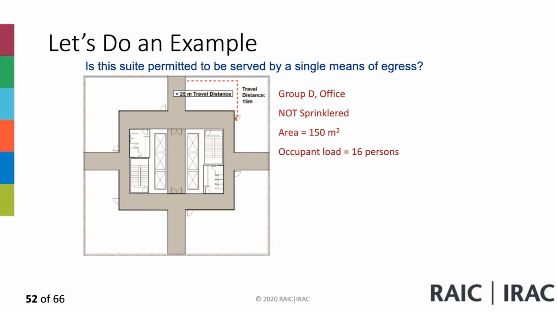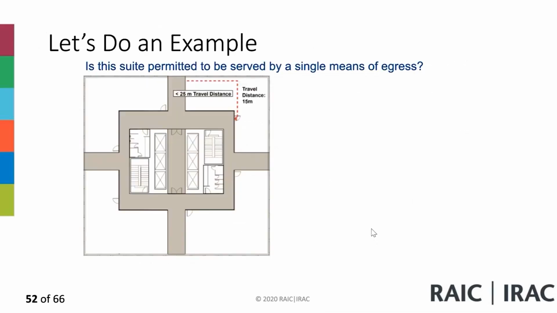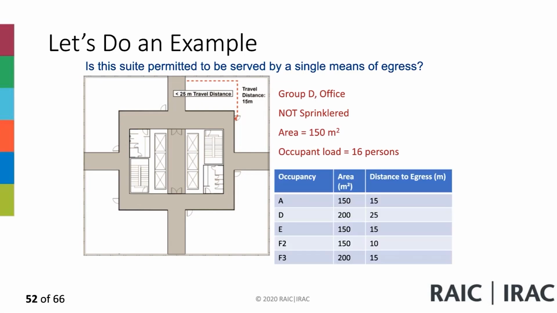So we checked the 60. It's not sprinklered. Let's double check. It's a group D, less than 150, and it's less than 115. So I can have just one door. A single egress is permitted. You see how you applied it?